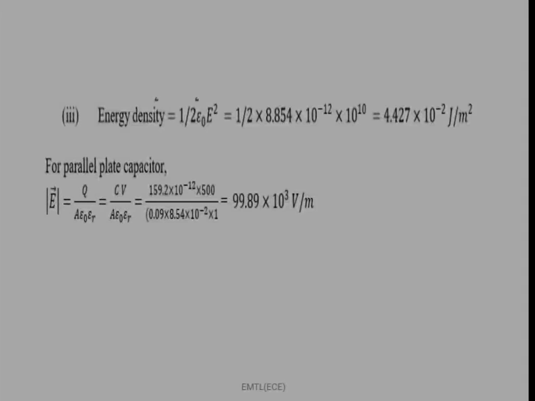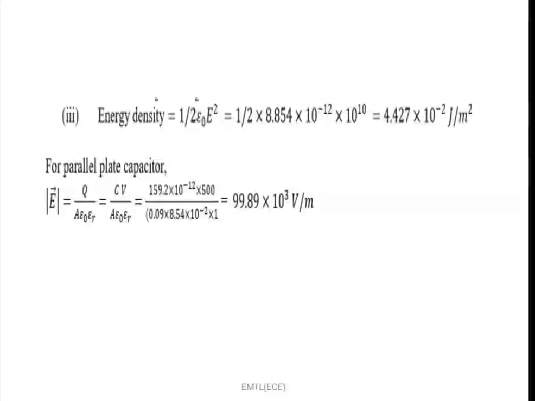So the C value we also find in this problem, that value is equal to 159.2 × 10^-12, and the voltage is 500, area is equal to 0.09 meters, and epsilon naught value is equivalent to 8.854 × 10^-12, and epsilon r, the relative permittivity of free space, is equal to 1.